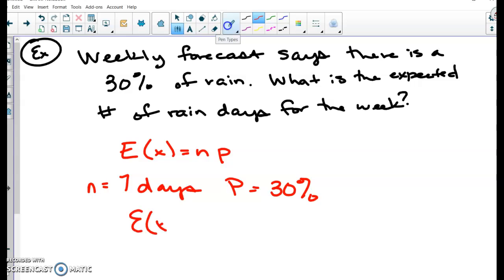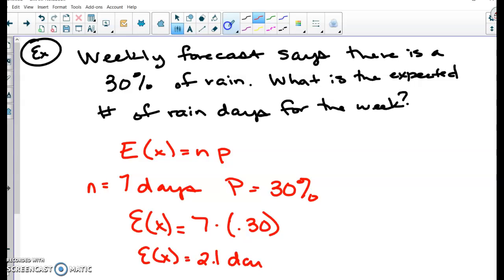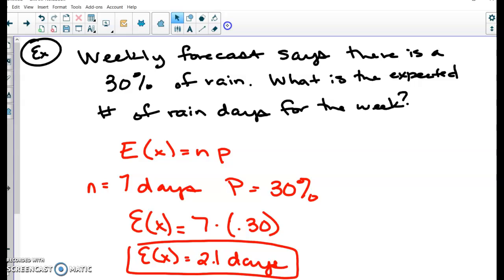Okay, so this is actually easier than the true expected value sum. So I have 7 times 0.30. So I should expect rain on 2.1 days.